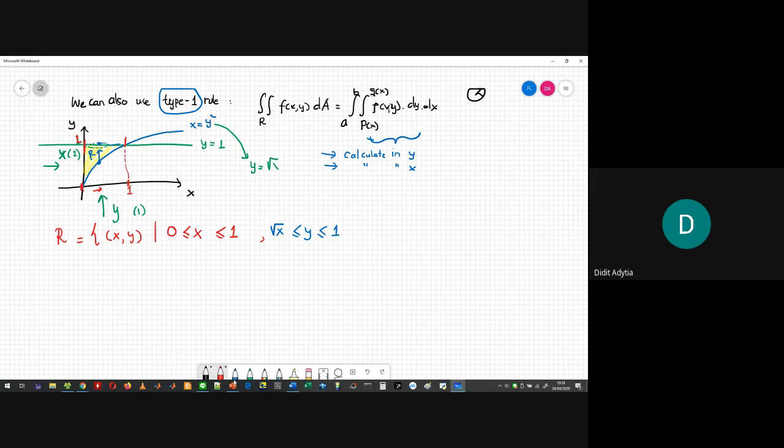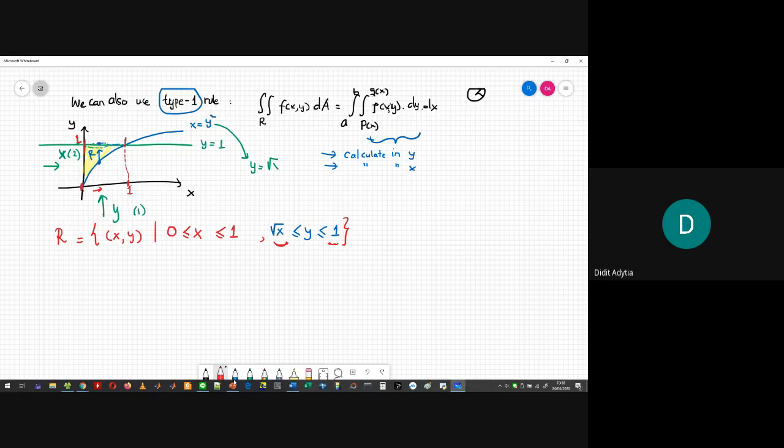So, this is quite crucial in calculating the integral because you need to be aware with this boundary, okay? Ketika kita limitnya di y, ini harus dijadikan fungsi x, okay?